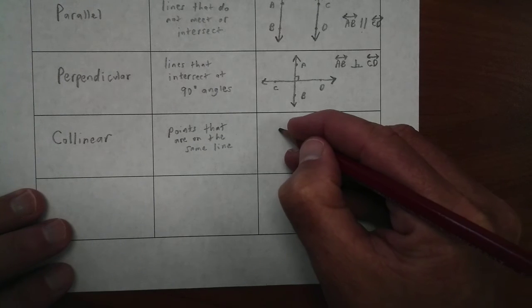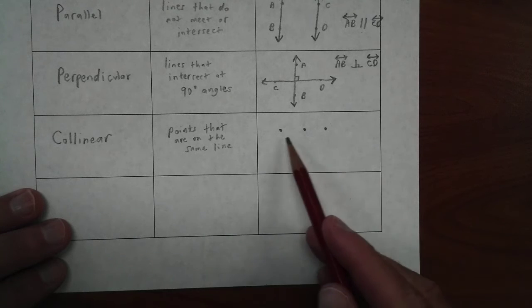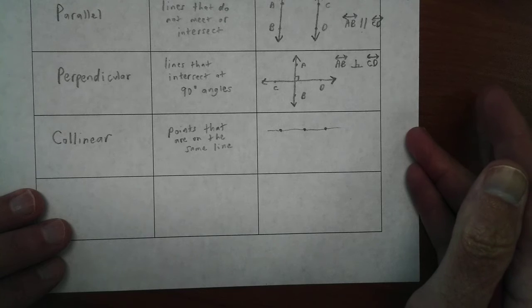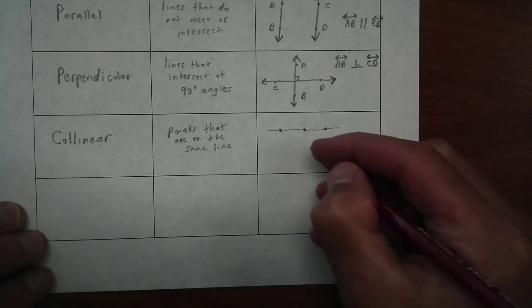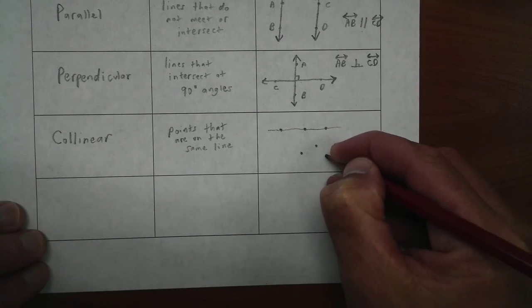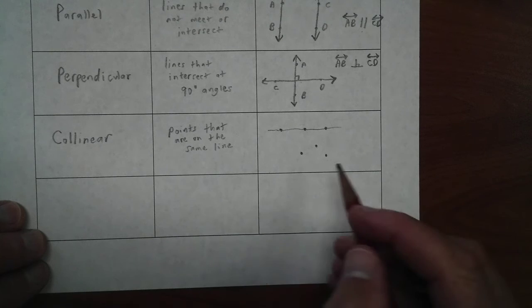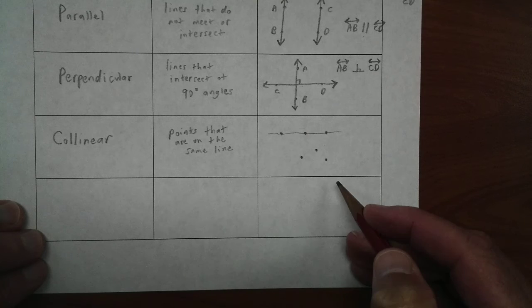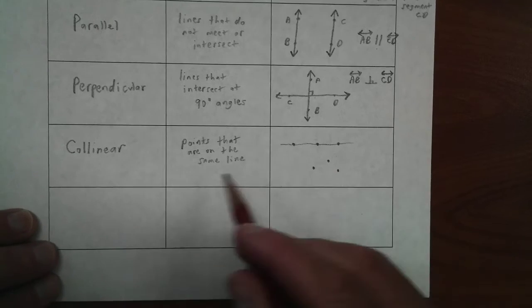So here's a set of collinear points. These points are collinear because you can draw a line through them. Okay? The opposite of collinear would be non-collinear. Here are 3 non-collinear points. You can't draw one straight line that connects all those 3 points. Okay? You can connect these two, or these two, or these two, but all 3 cannot be connected with the same line. So these are non-collinear. That's a little bit of a tricky word.